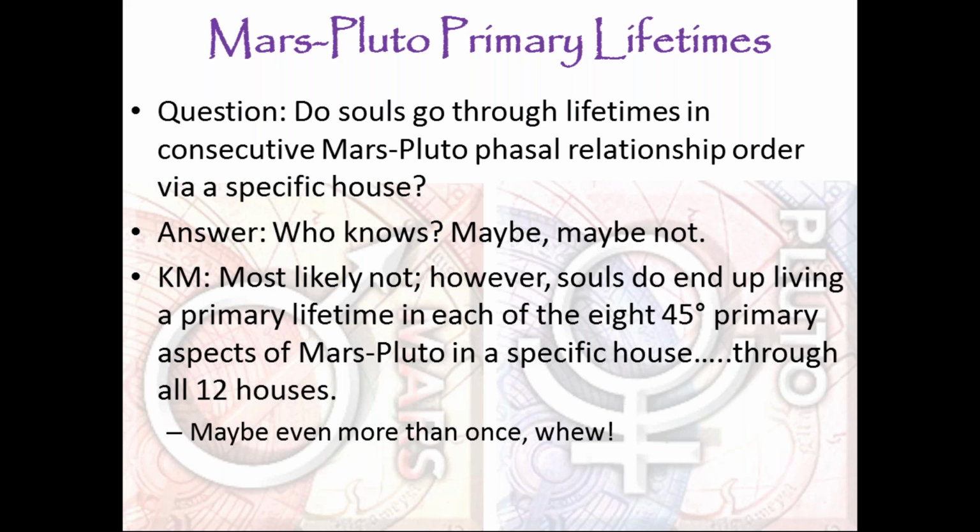In the end, I do feel that relative to a specific Pluto house, you're going to have a lifetime with Mars in one of those 45-degree primary aspects until you really learn the lessons of that house. And then we're going to do it through all 12 houses. And we can even do it more than once.